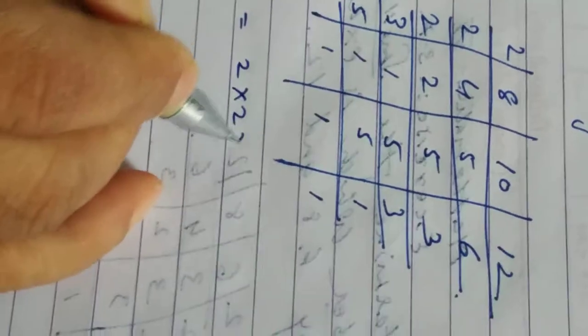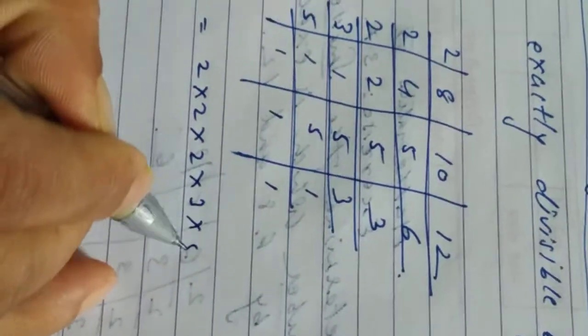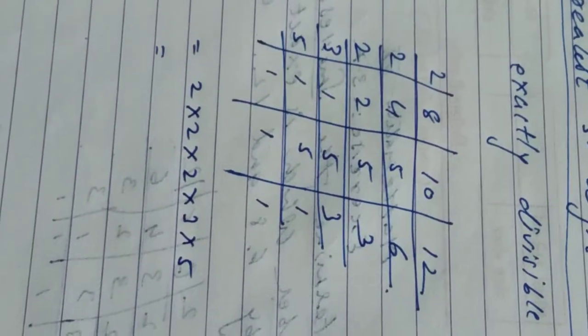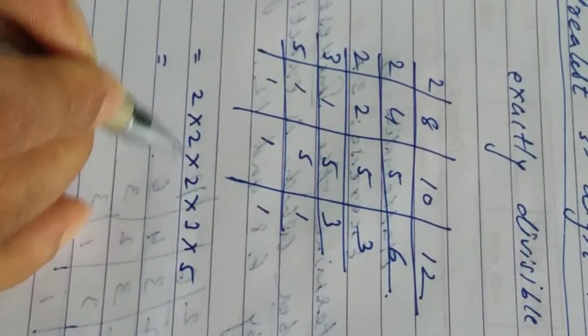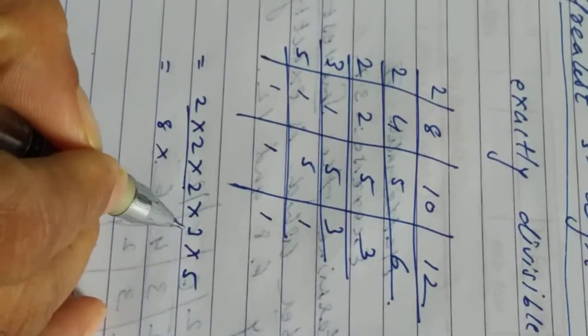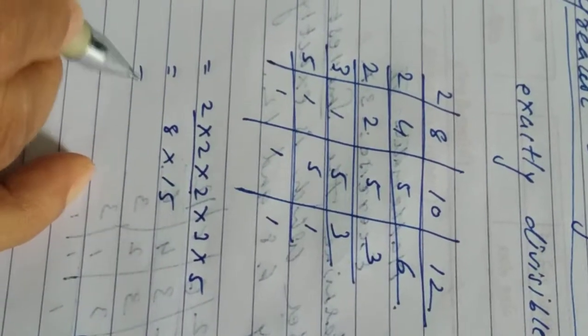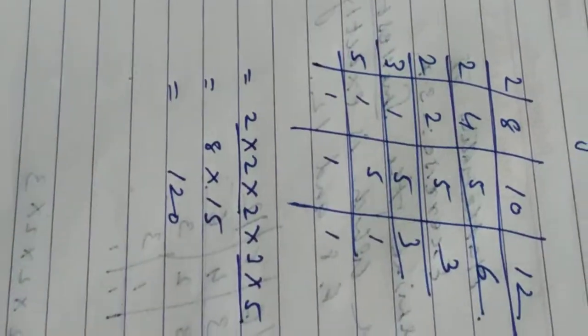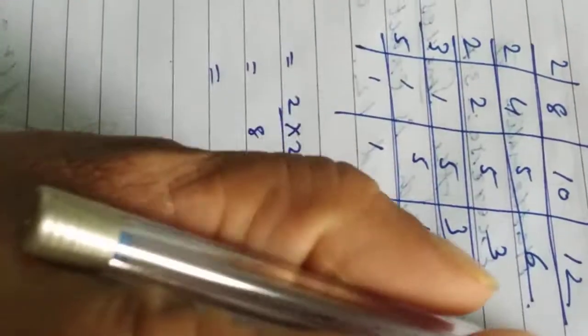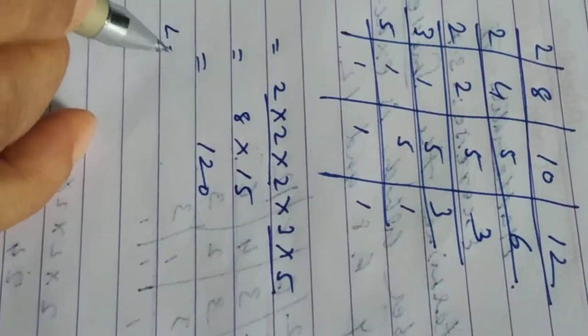So 2 multiply 2 multiply 2 multiply 3 multiply 5. 2 twos are 4, 4 twos are 8, 8 threes are 24, 24 fives are 120. So what is the LCM of 8, 10 and 12?